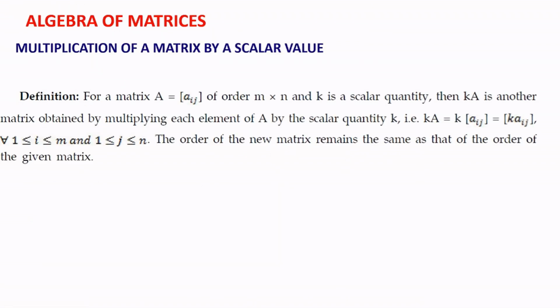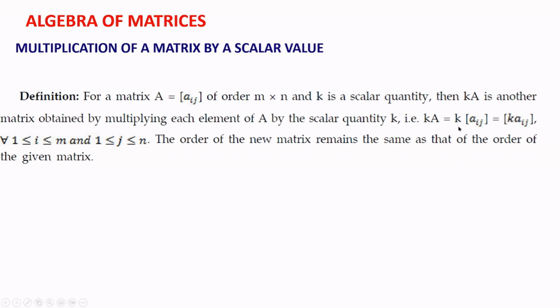Now let us move on to the next topic, which is algebra of matrices. The first topic is multiplication of a matrix by a scalar. If we have a matrix A equal to [a_ij] of order m by n, and if k is any scalar quantity, then we can find kA as another matrix, which is obtained by multiplying each element of matrix A by the scalar k.